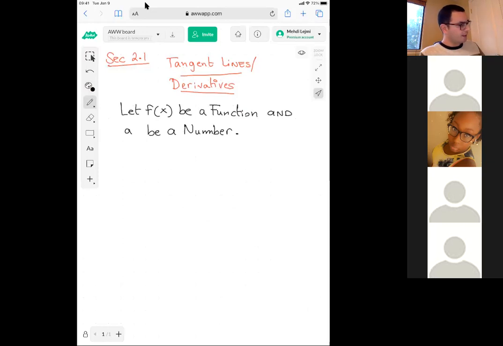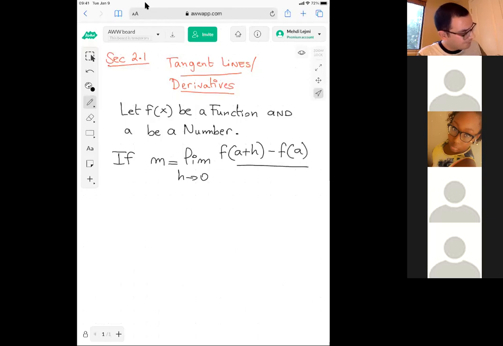Then if the number m equals the limit as h goes to 0 of f of a plus h minus f of a, over h. Remember, this number m was the slope of the tangent line.